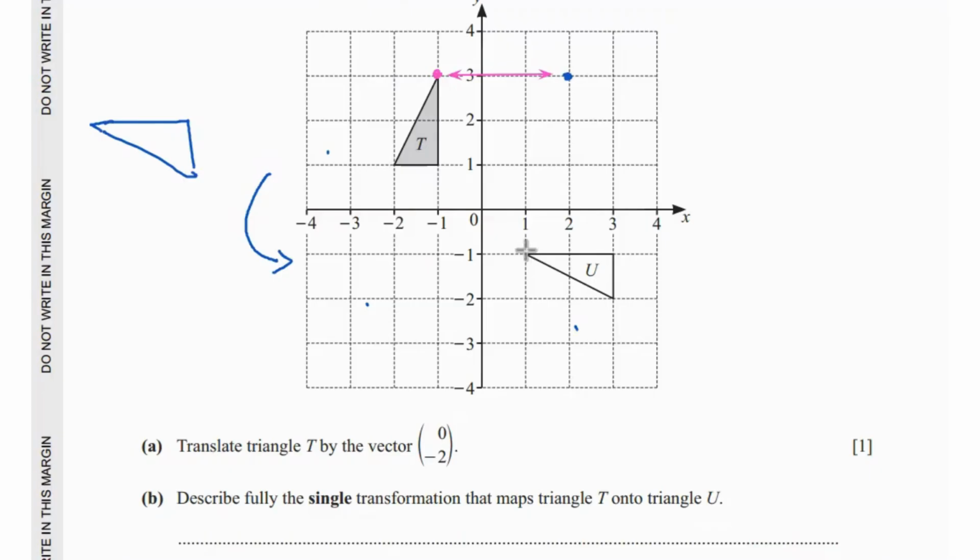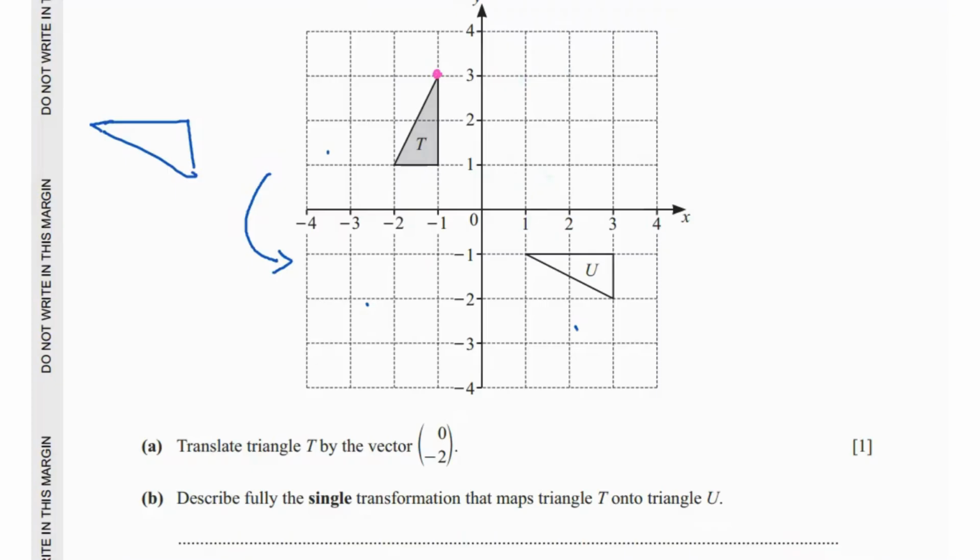Now for the same point on U, the vertical distance is 4 and the horizontal is 1, which means this is not the center of rotation, because for the center of rotation, the horizontal and vertical distances of the image will be the opposite. So for example, if over here 3 is the horizontal distance, for the image, the vertical distance would be 3. We swap the values. Since it's not swapping, this is not the center.